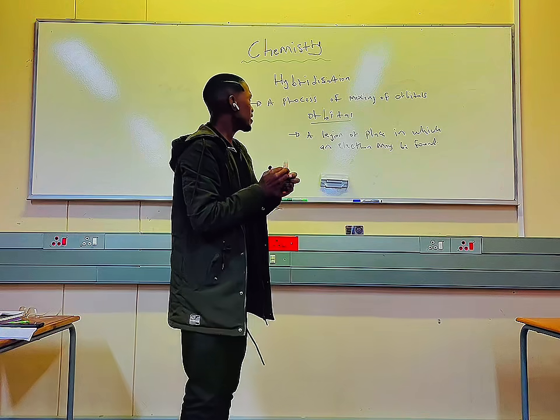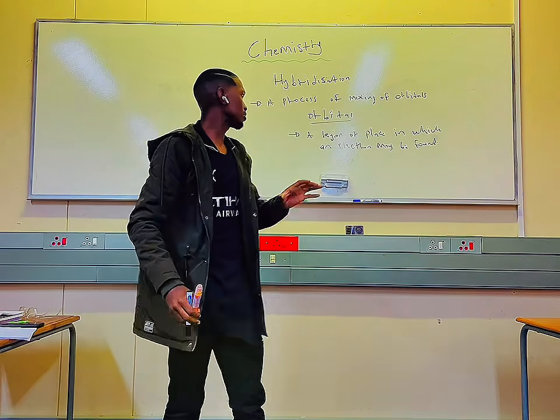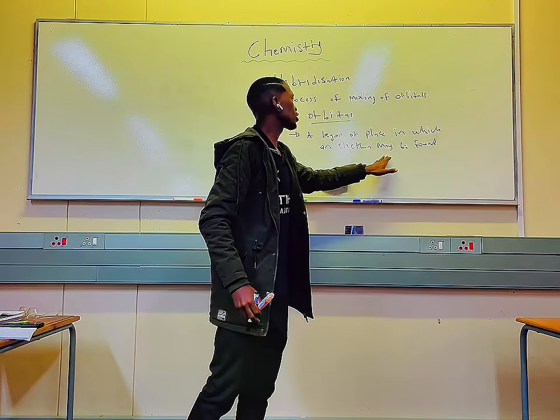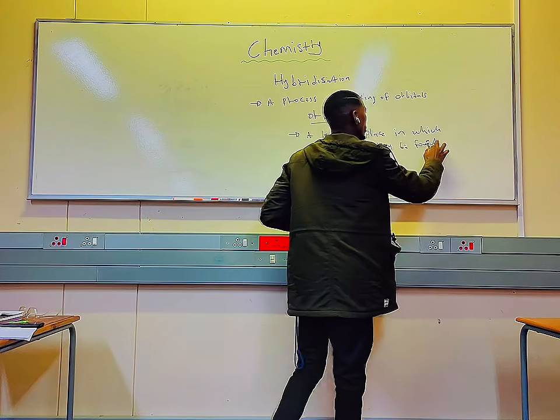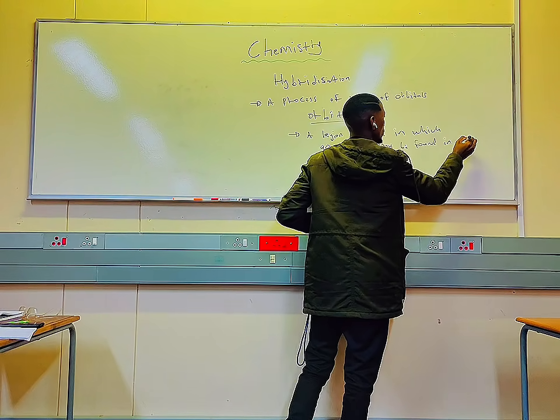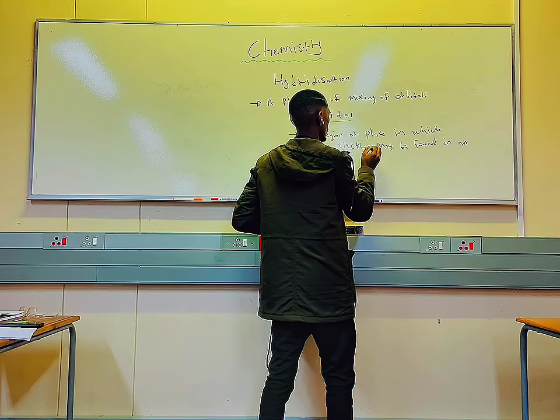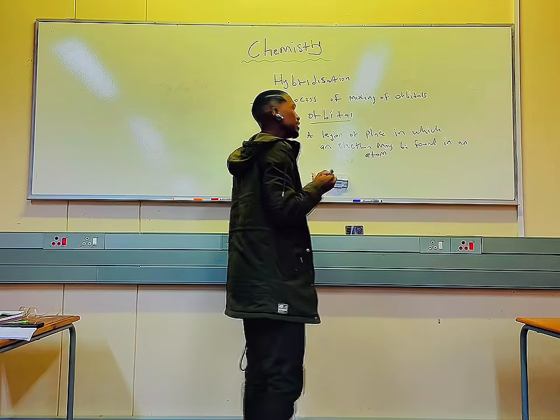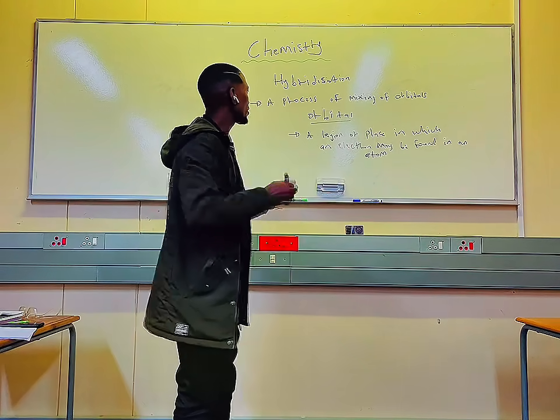So an orbital is a region or a place in which an electron may be found in an atom. Guys, this is one thing you must know.